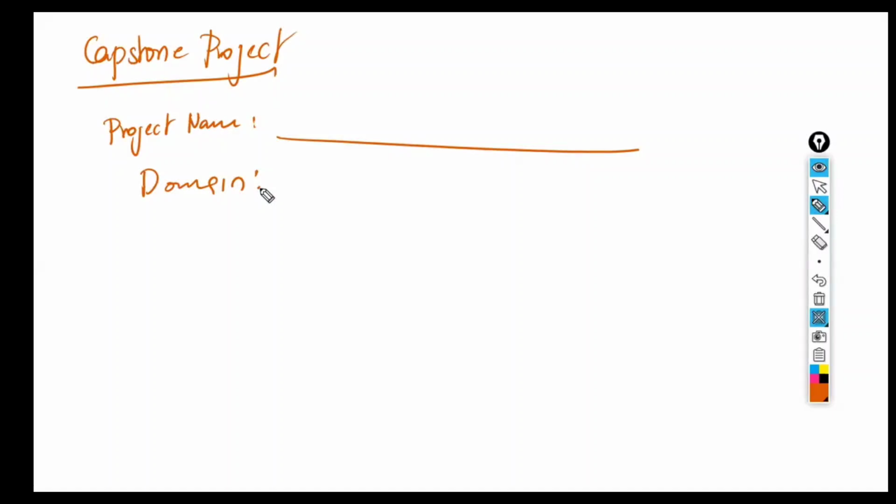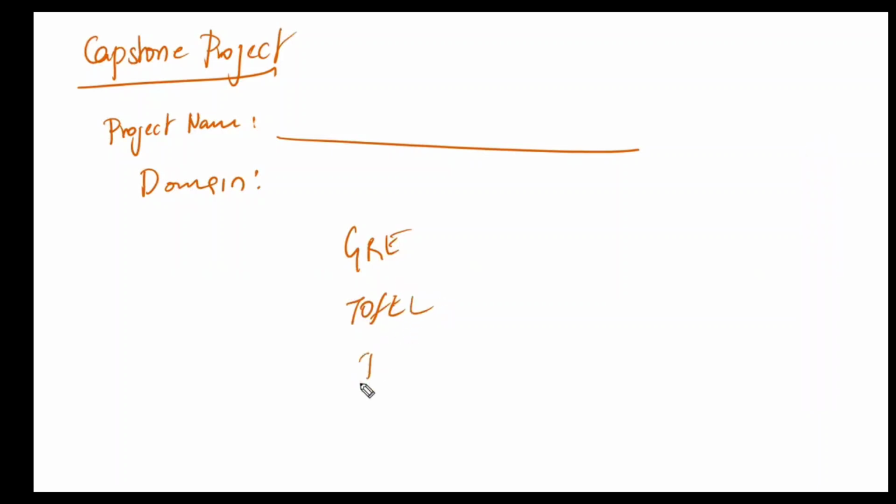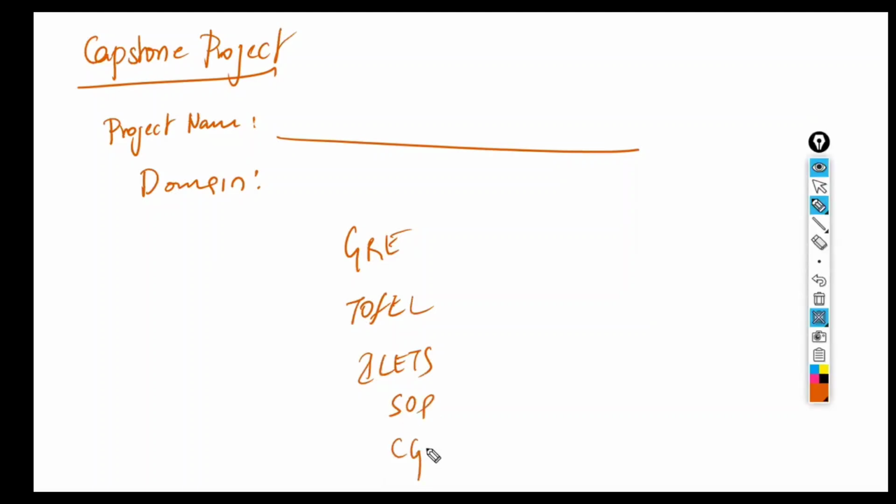For example, you have taken the project called predicting whether the person will get an admission in the US or not. Based on the SOP, statement of purpose, GRE, TOEFL, IELTS, whatever the exams are there, and CGPA, and recommendation letters, whatever the type of recommendation we are having.